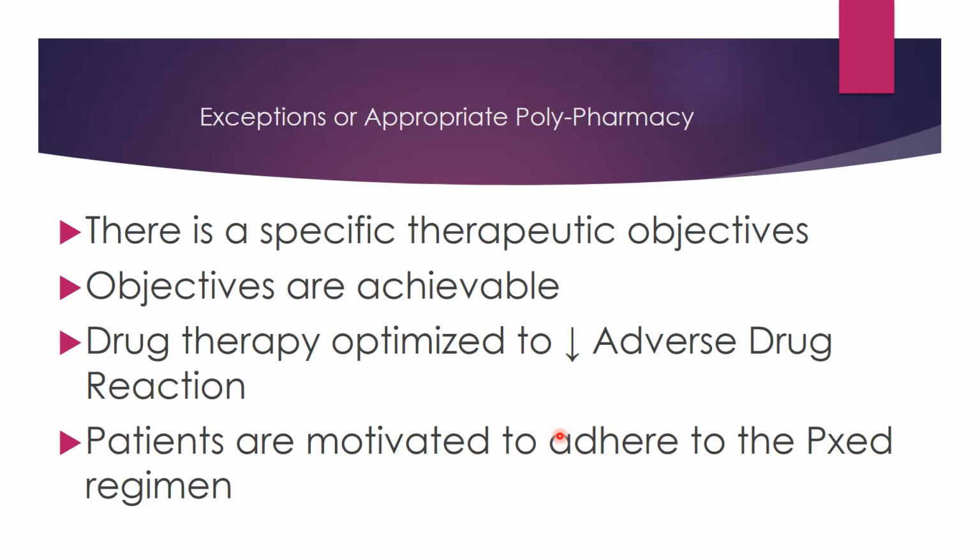Then they will prescribe a second generation, newer antihistamine, for example loratadine, during the daytime, so that patients can still function, operate machinery, drive and work. This is considered appropriate polypharmacy.